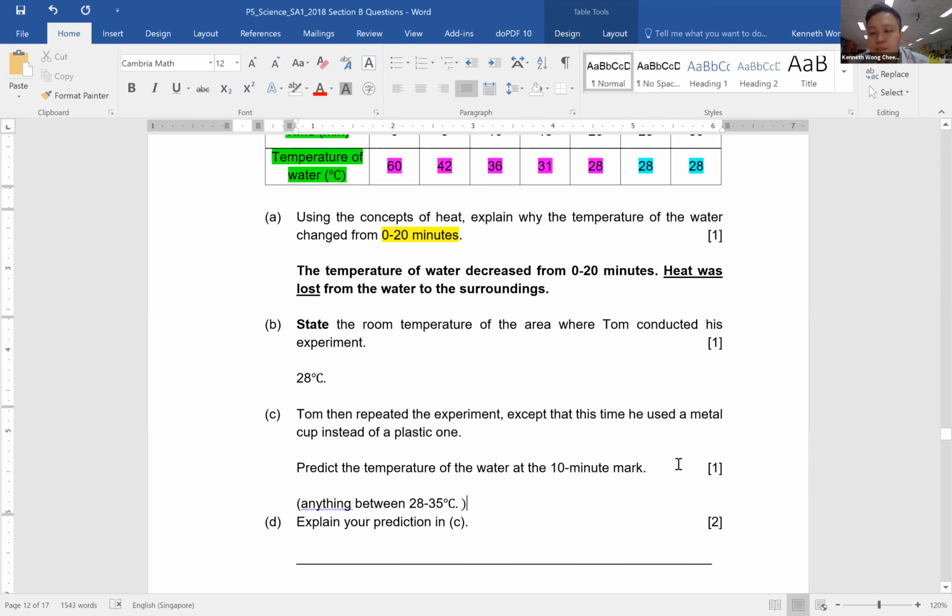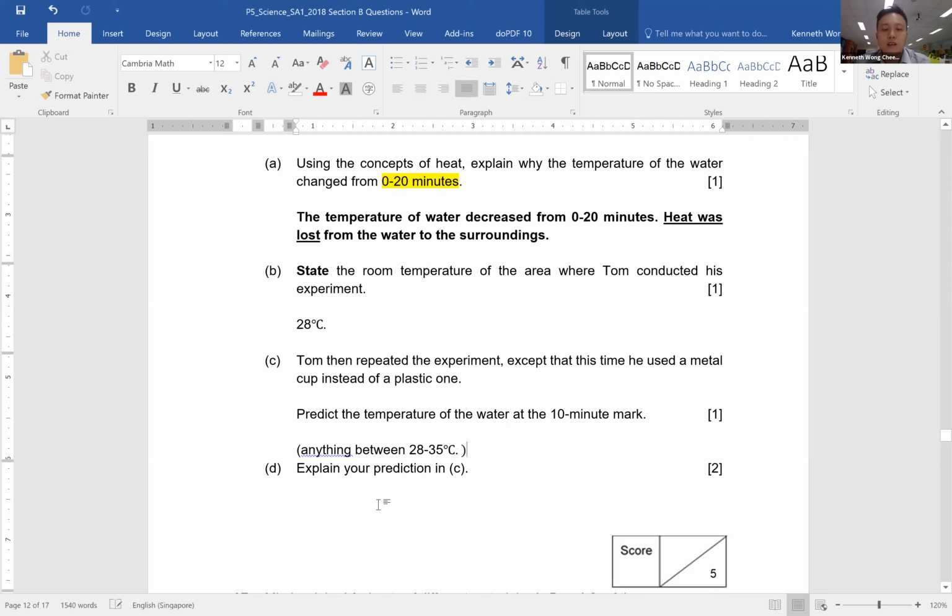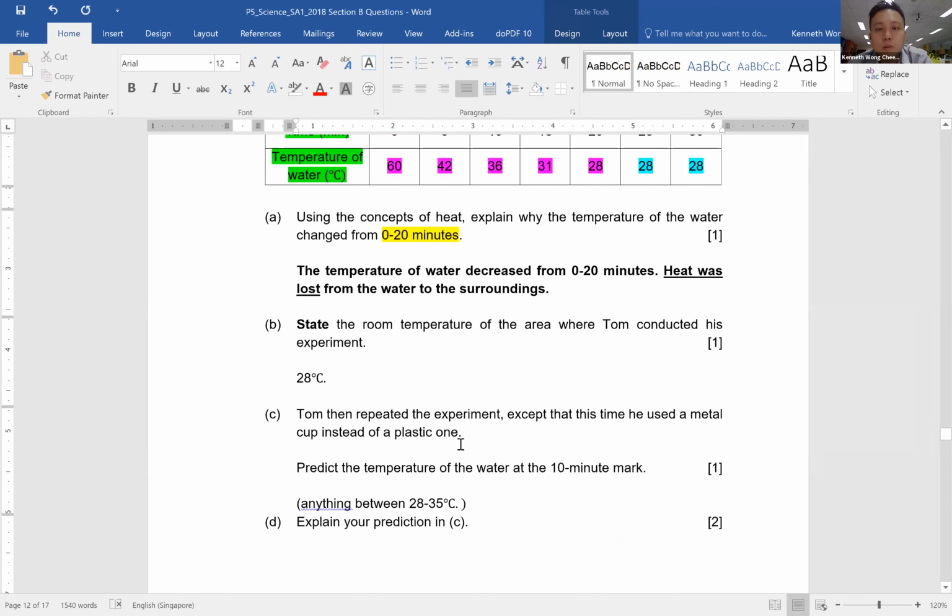Okay, why? So they ask you to explain your prediction in C. Let's move on first.